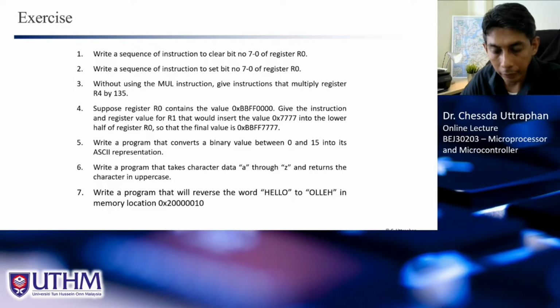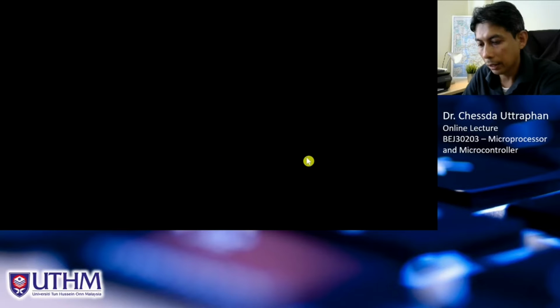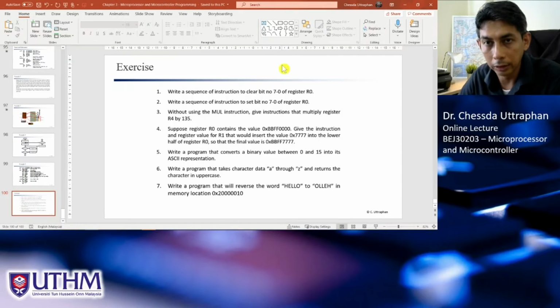And in chapter 4, we will apply what we have learned here in detail, and we will program our microprocessor using a higher level language, which is C++ programming, right, to develop more complicated programs. Okay, so that will be chapter 3.